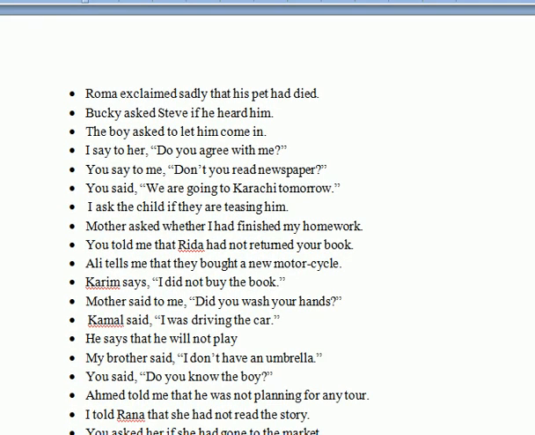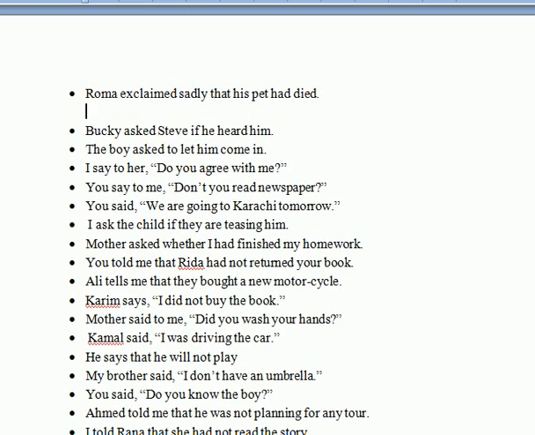Roma exclaimed sadly that his pet had died. Okay, let's do this. Roma, because that seemed to me an exclamatory sentence. So this would be Roma said, inverted commas start, alas, exclamation mark. Okay, Roma here seemed to be her, I guess. This would be her pet had died. And her would go according to Roma, the subject.